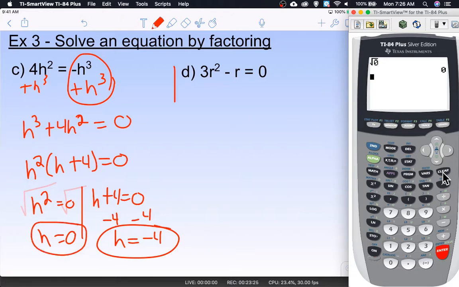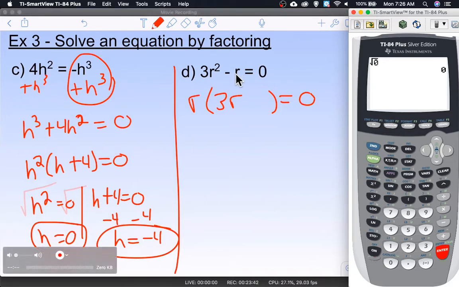Okay, letter D. Both terms have one r they can give up. That is the greatest common factor, the biggest thing I can pull out of both of them, giving me 3r. Ooh, what do we put down? If we've taken all it had to give, we've got to have something here. What r times what would give me r, not 0?